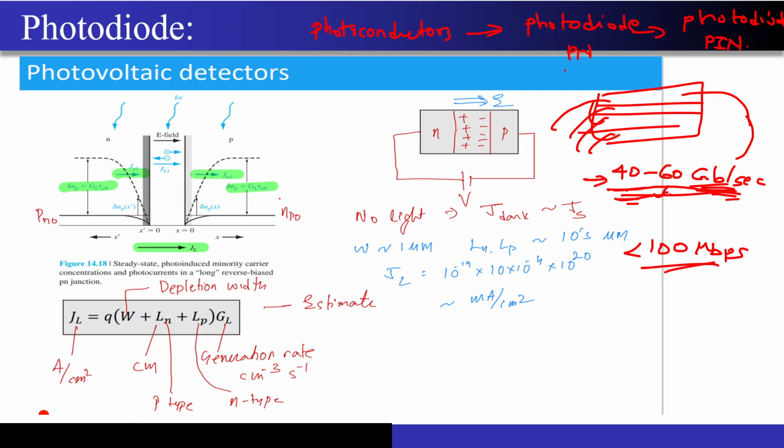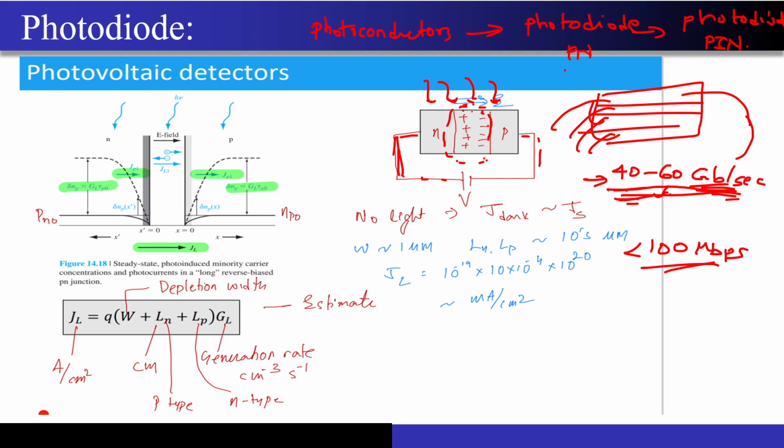So what did we do? We first took the PN junction and we reverse biased it, correct. Why did we reverse bias it? Because if light is shining on this PN junction, what is going to happen? First of all, if I talk about the depletion region, there is a very strong reverse bias electric field present over here.